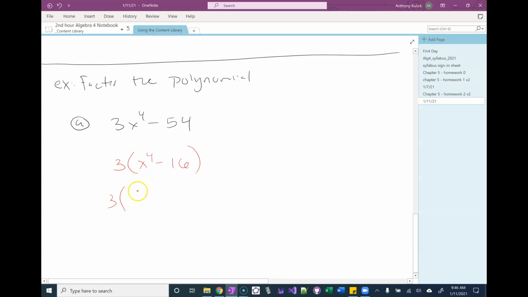Because I can rewrite x to the fourth as x squared squared. And I can write 16 as 4 squared. Everybody agree with that? So we can now factor that using our difference of 2 squares to get x squared minus 4 and x squared plus 4. Everybody okay to there?